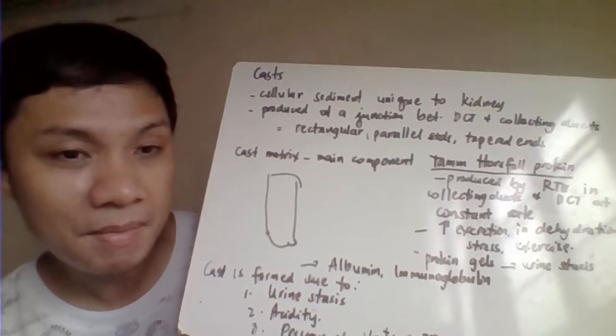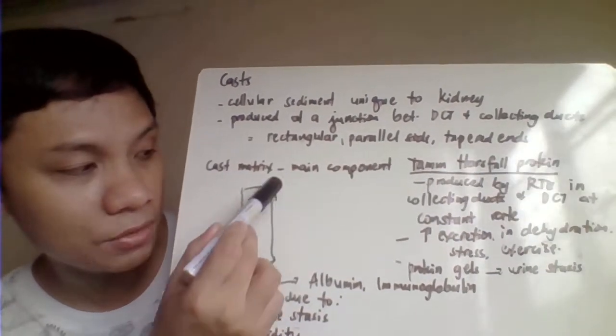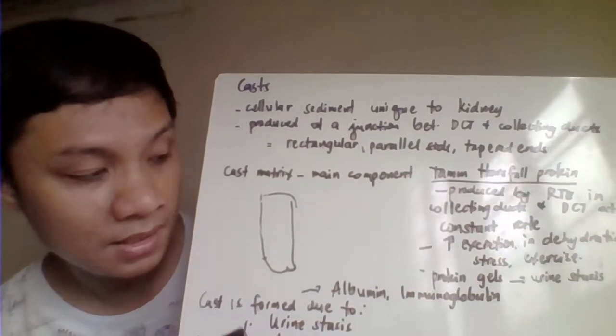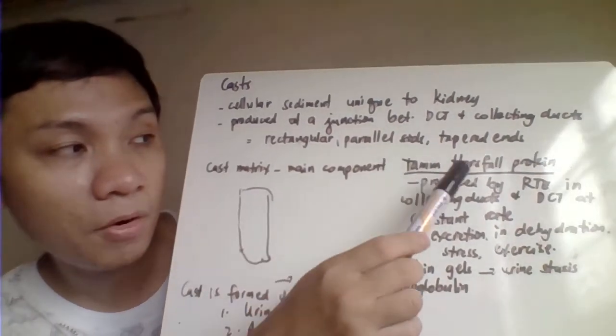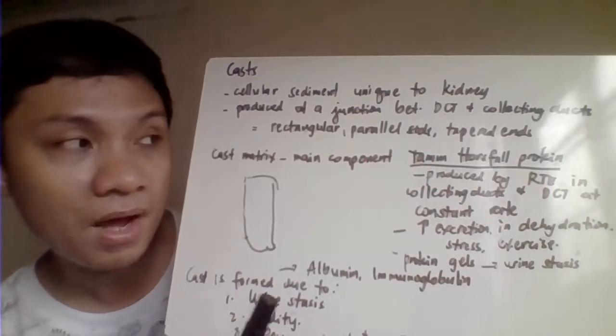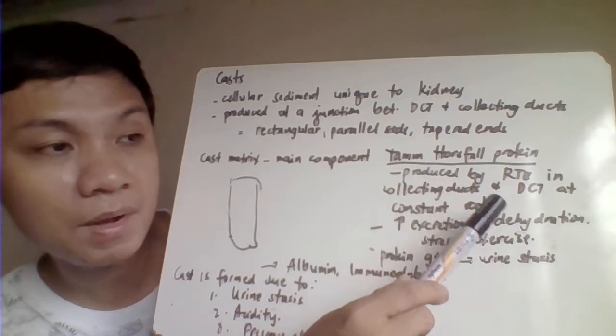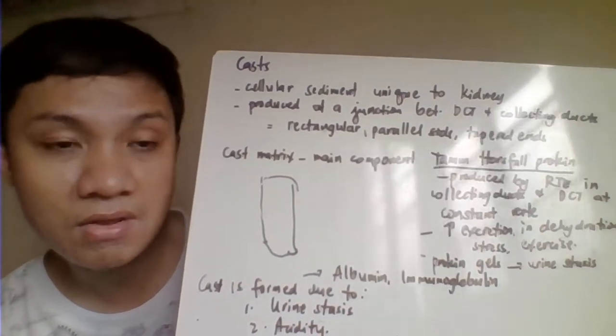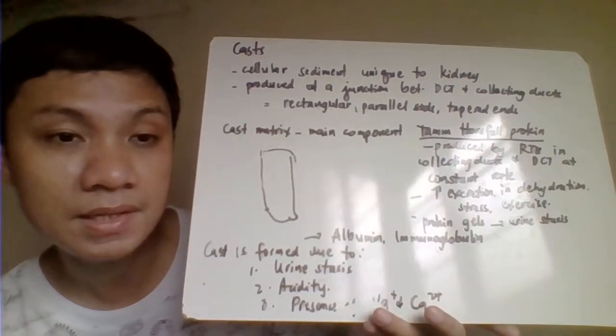Okay, so the cast matrix. When we say cast matrix, this is the outline of our cast. Its main component is Tamm-Horsfall protein. Speaking about Tamm-Horsfall protein, this is produced by the RTE found in our collecting ducts or even in your distal convoluted tubule at a constant rate.